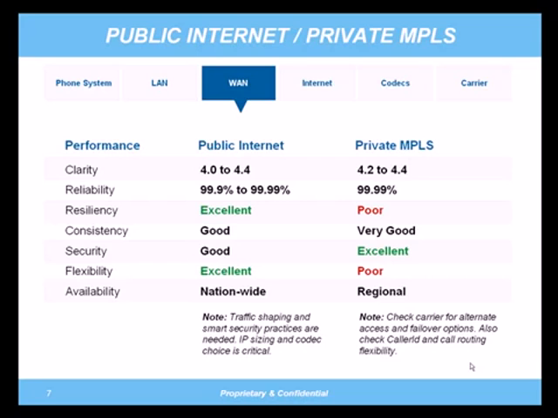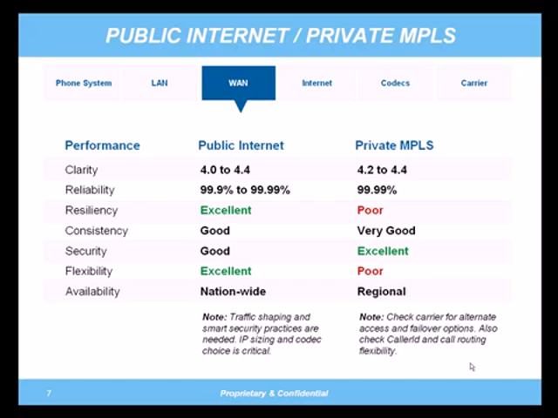But the real big difference here is in resiliency. When we put together our strategy, we felt that resiliency was a much more important piece, because things happen that are completely outside of carrier control. A lot of times the SLAs that are given don't include the last mile local loop.